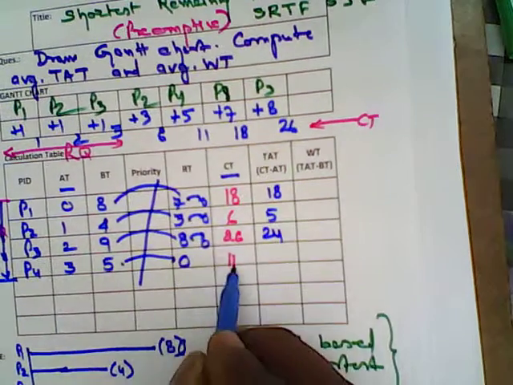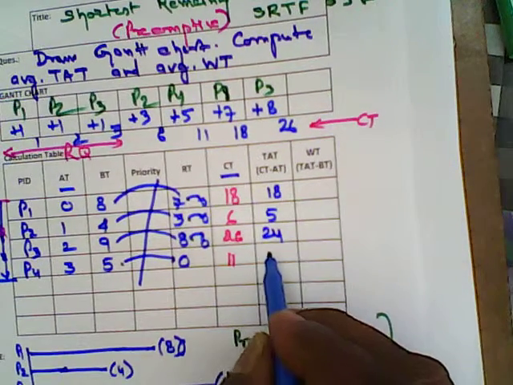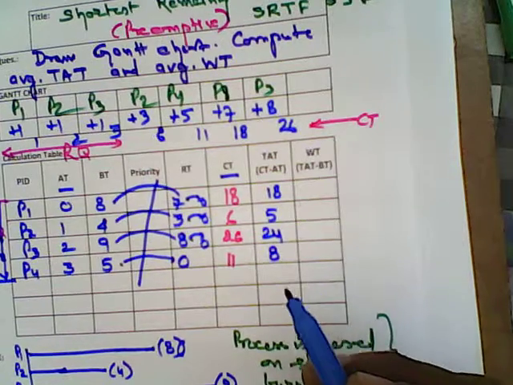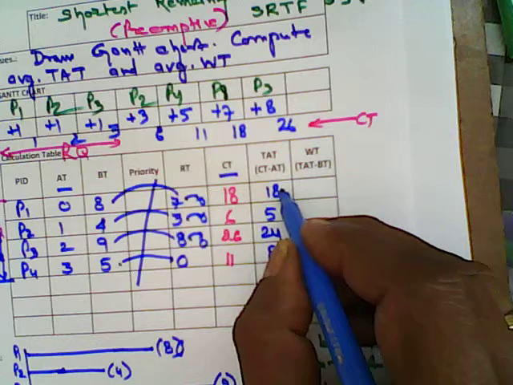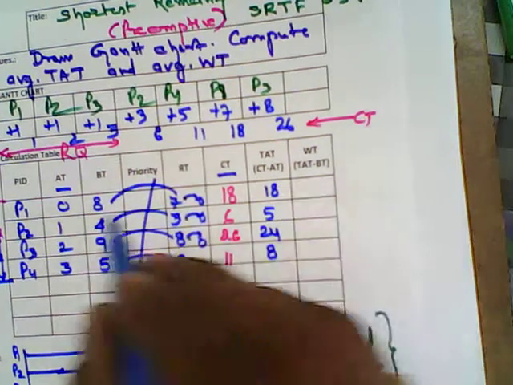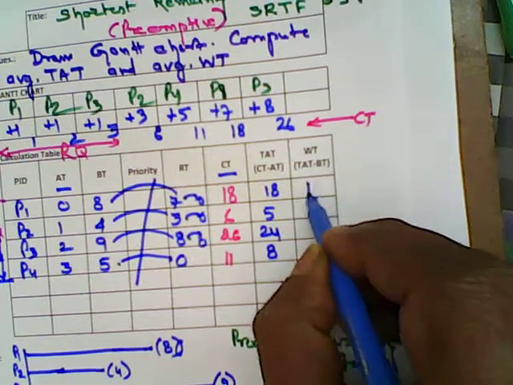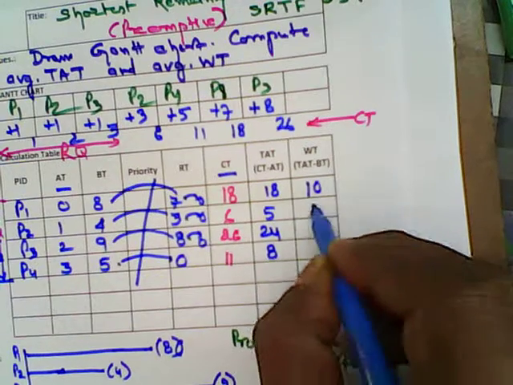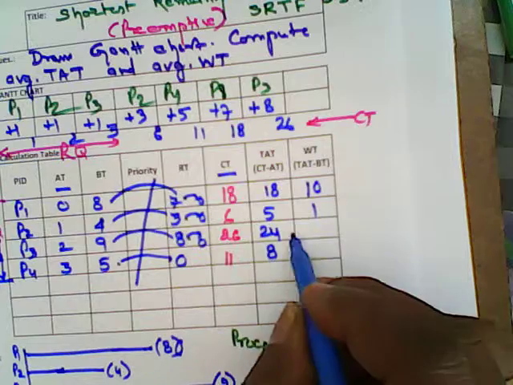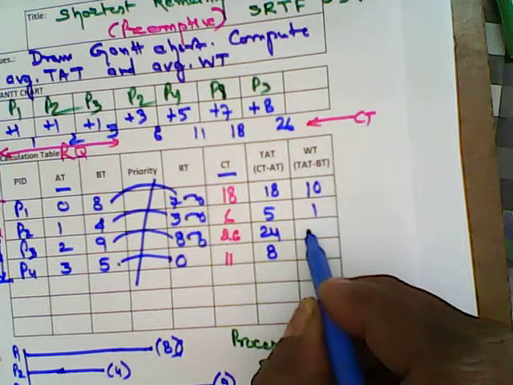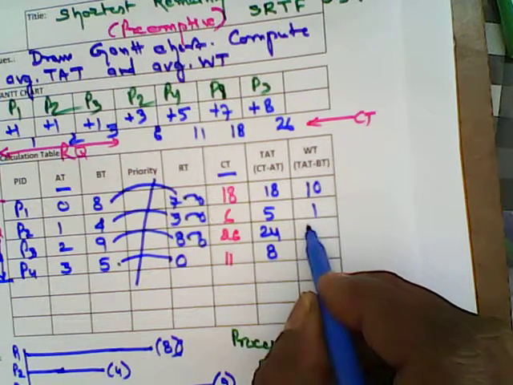And waiting time is nothing but turnaround time minus burst time. 18 minus 8 is 10. 5 minus 4, 1. 24 minus 9 is coming as 15, and 8 minus 5 is 3.